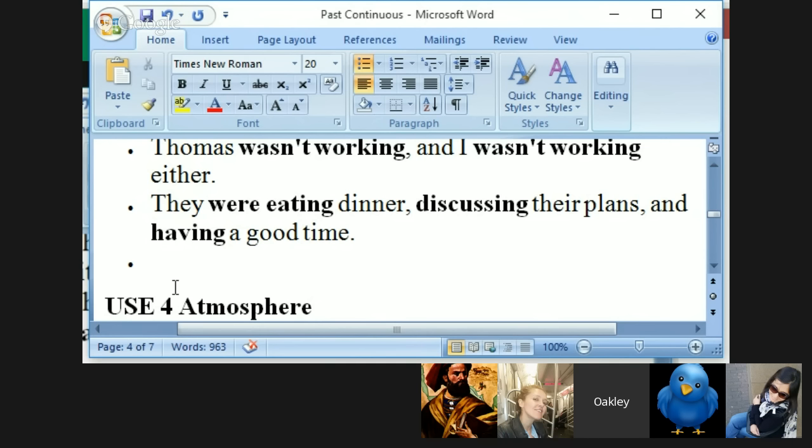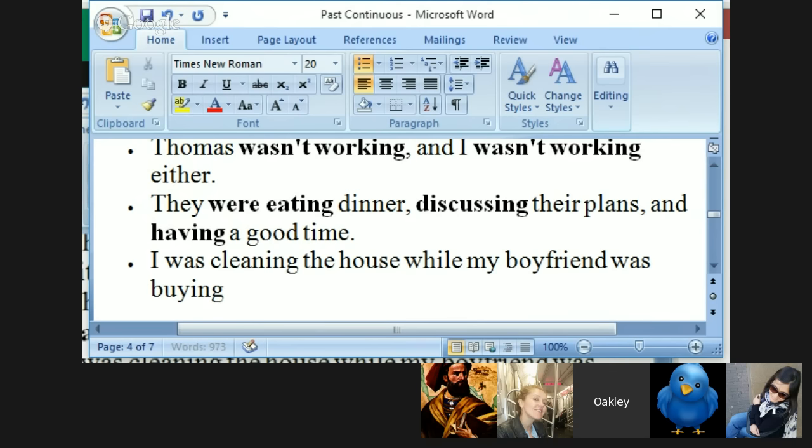I was cleaning the house while my boyfriend was buying a ticket for Kamatum. Ticket plane. While my boyfriend was buying a ticket plane for Kamatum.